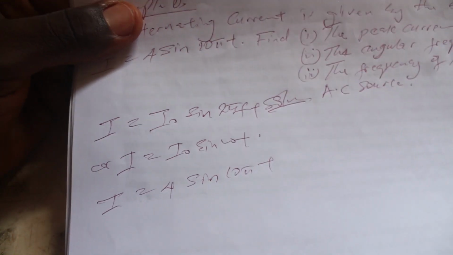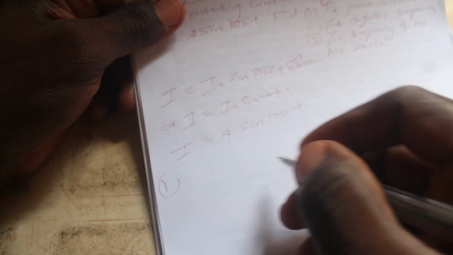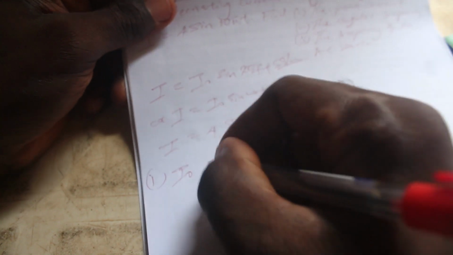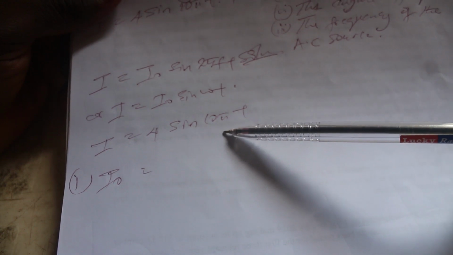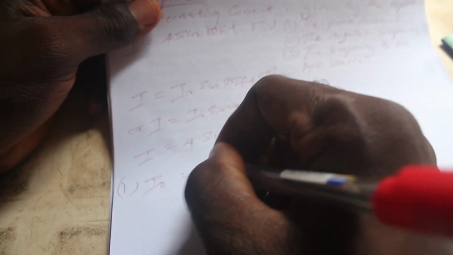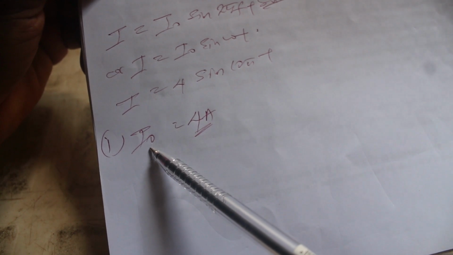To answer our first question, find the peak current, which is I naught. When you compare this equation to this equation, you see that I naught corresponds with 4. So it gives us 4 amperes. Again, I naught means peak current.